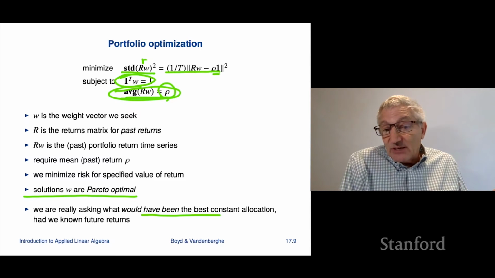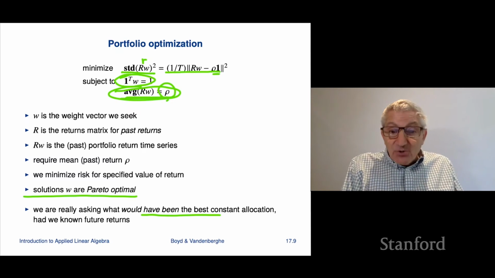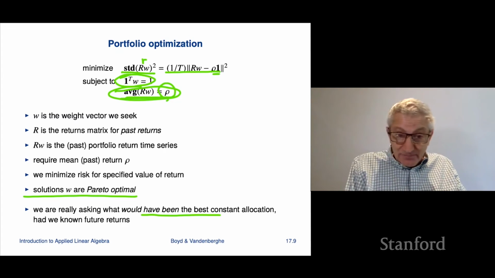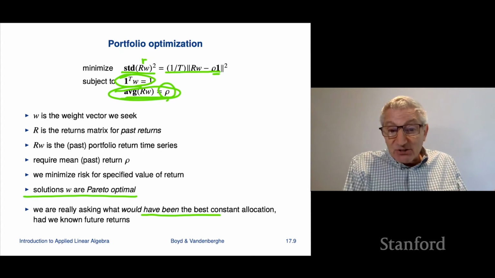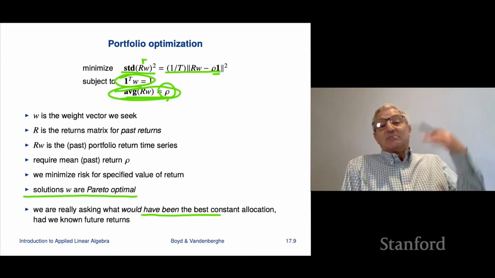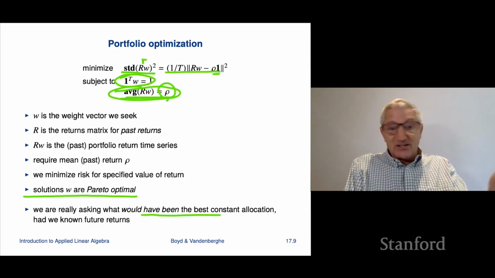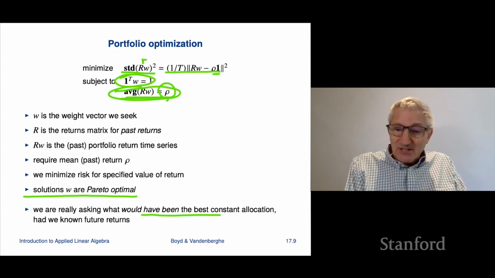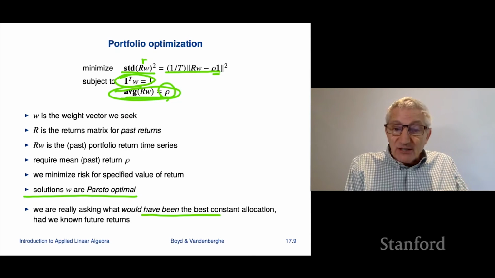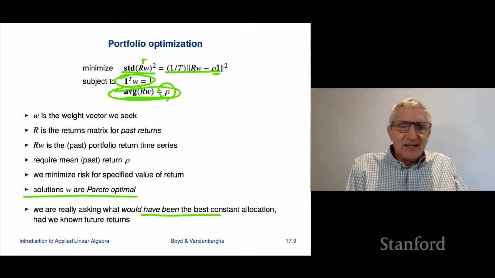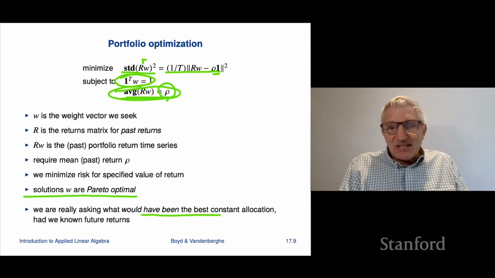If I knew the returns over the last year and then went back in time, I could make a bundle of money because I'd buy stuff that I know was going to go up and I'd short stuff that was going to go down, and so on. But that's what we're doing. To be very precise, we are finding a portfolio that would have worked last year. Roughly, right? Kind of weird, but that's what it is.